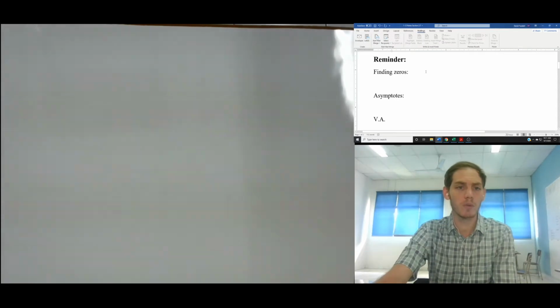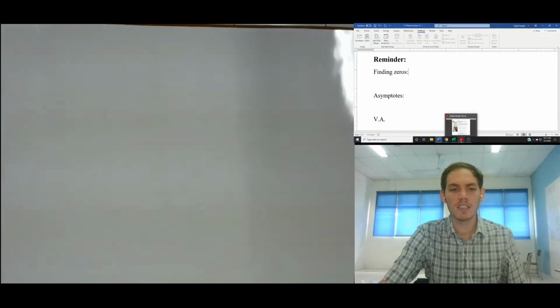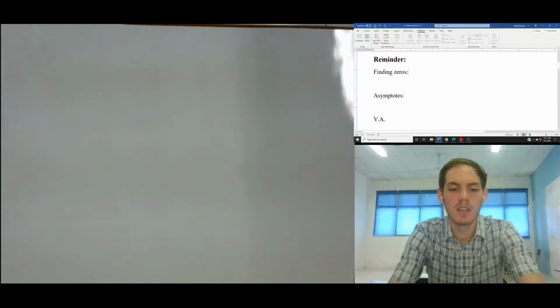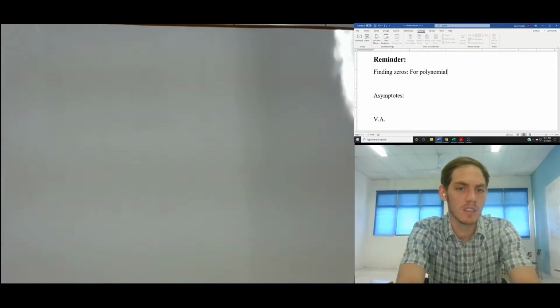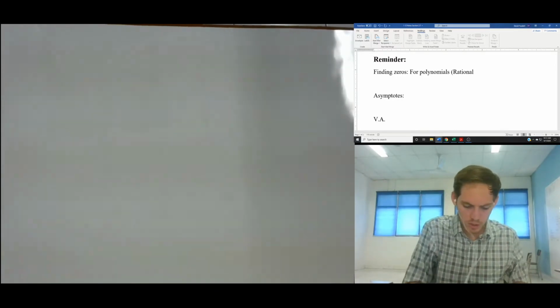Many of you are going to need to learn interval notation, but before we do that, we need to review, very briefly, finding zeros. So zeros of rational functions are going to be our x-intercepts. For polynomials, there's the rational root test, which I'm used to calling the rational zero test.